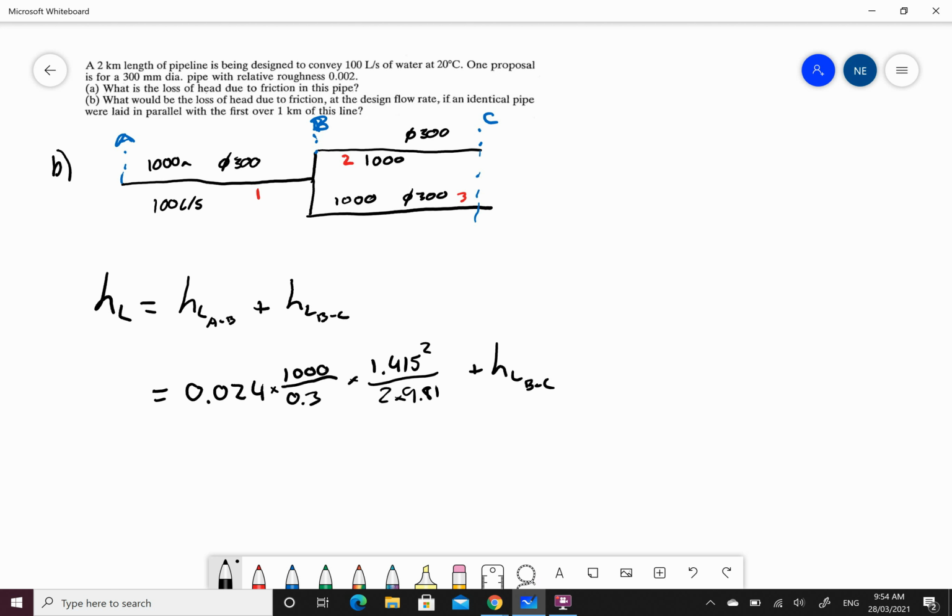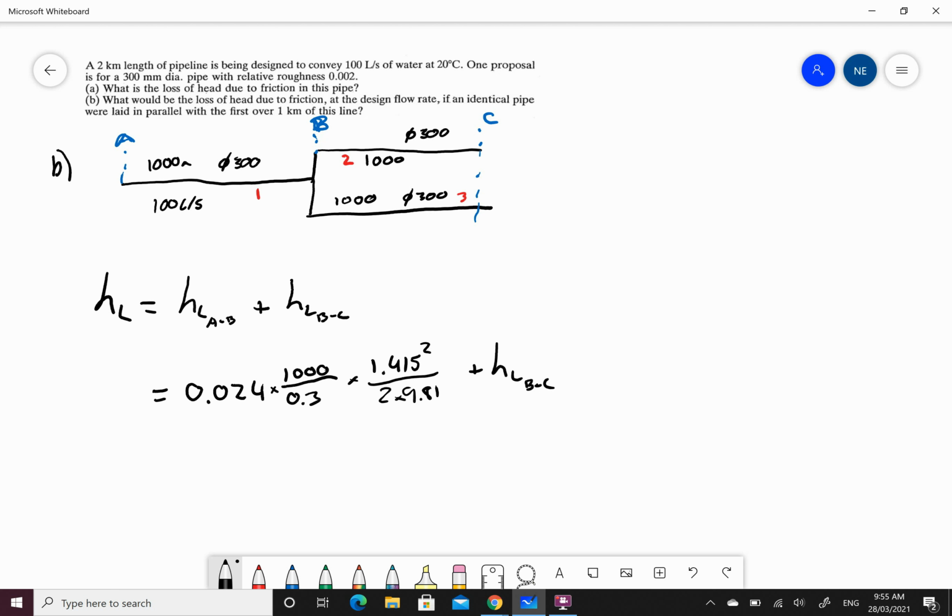So now we have to go calculate this. How are we going to work this out? I have to rework out a V, and then rework out my Reynolds number, and then come back through. To work out my velocity in these two, the flow comes in and splits into two.